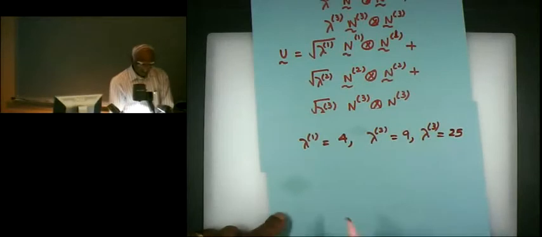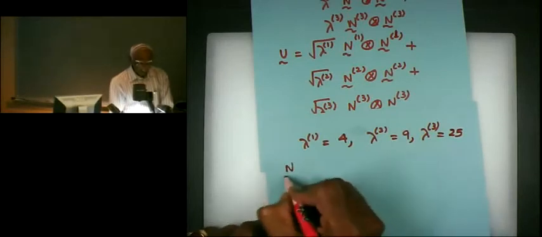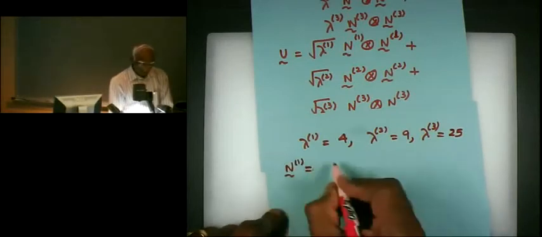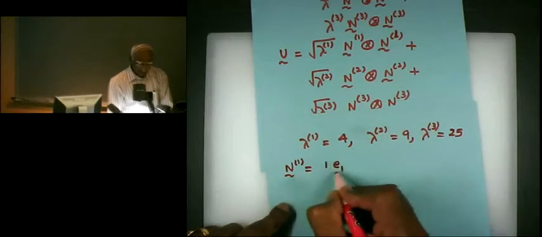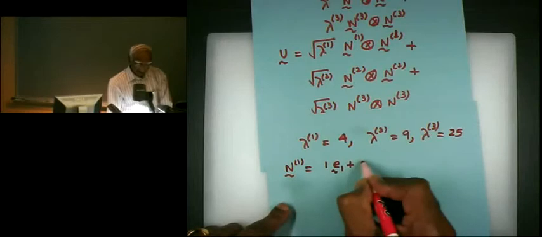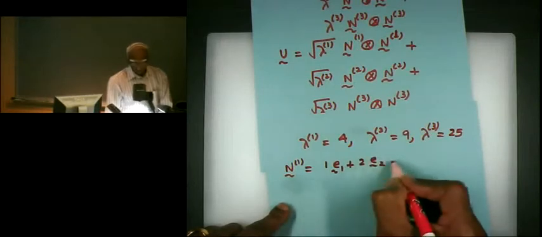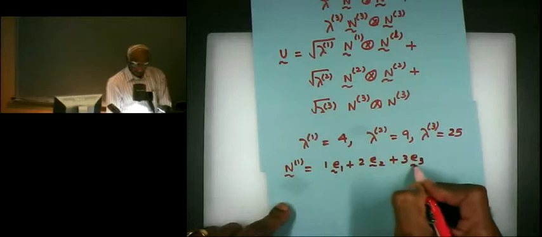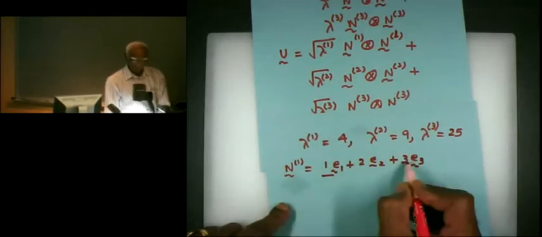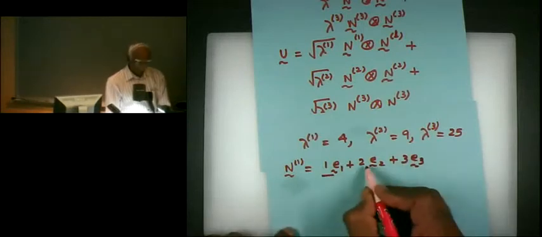Then n1, let's say, is 1 e1 plus twice e2 plus say 3 e3, but then I have to make it a unit vector, so that's 9 plus 4 is 13, plus 1 is 14.